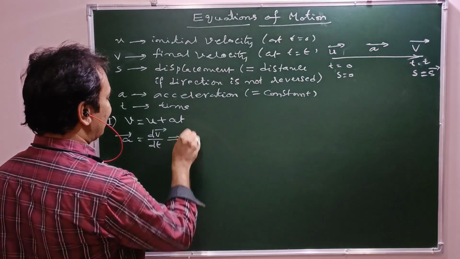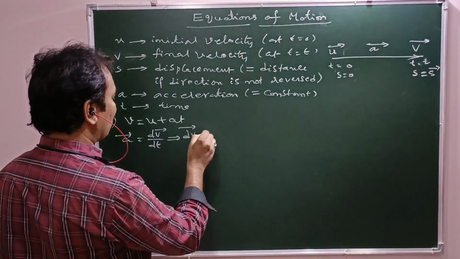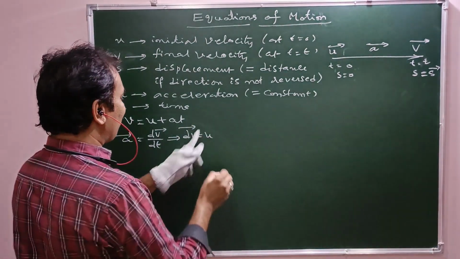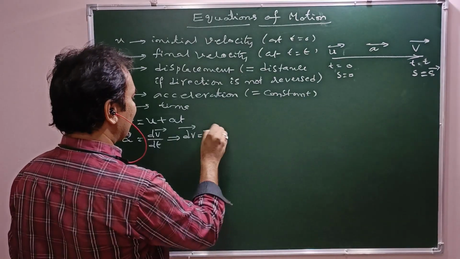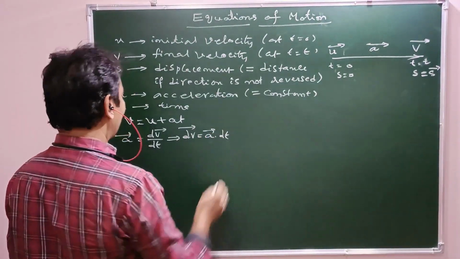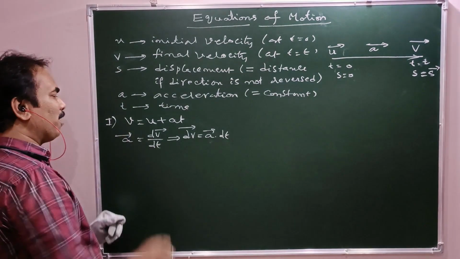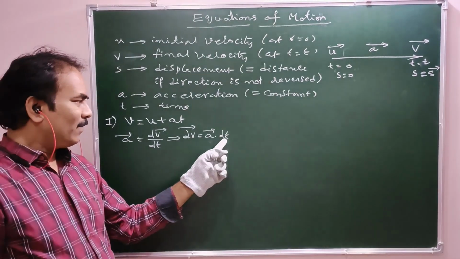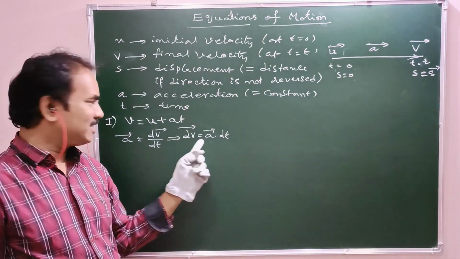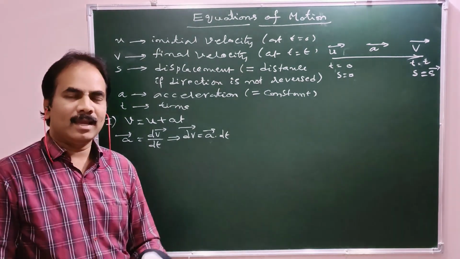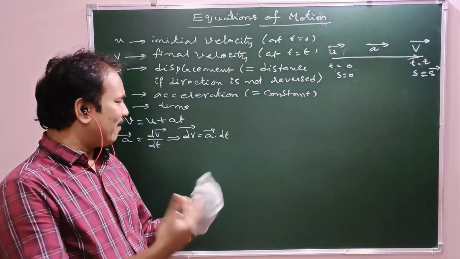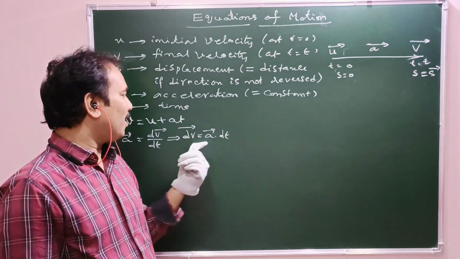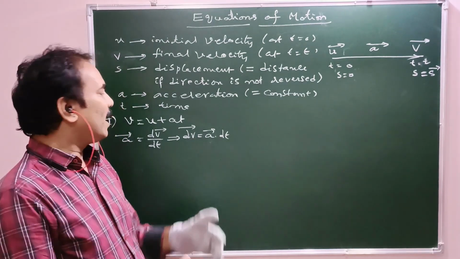This implies that dv bar equal to a bar into dt. Within every dt, what is the change in velocity? In every dt, in every instant, the particle undergoes a change in velocity dv bar.